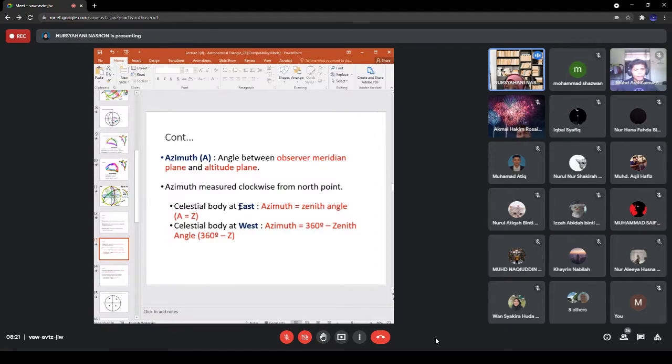East side means the celestial body is rising, and west side is when the celestial body is setting, goes down to a setting position, that is sunset. There are two methods: when the celestial body is at east, how to calculate the azimuth, and when it is at west, how to calculate the azimuth.